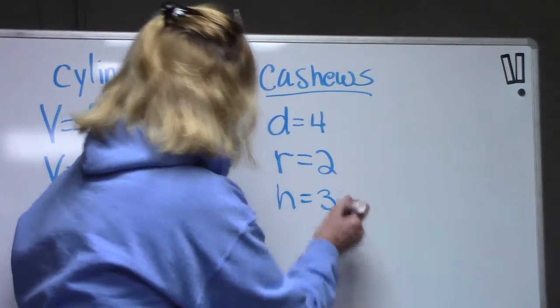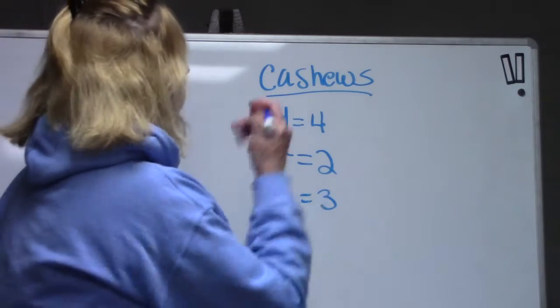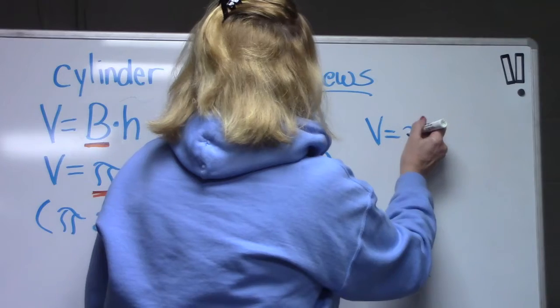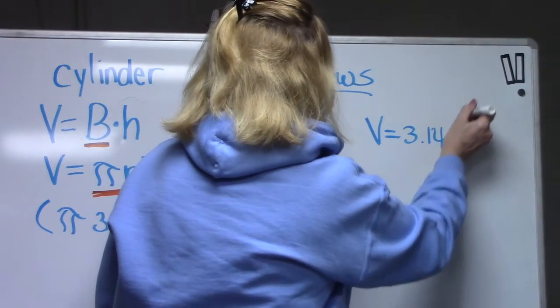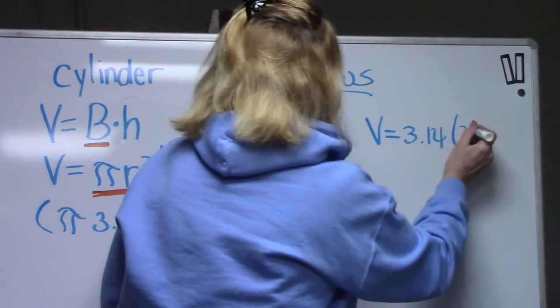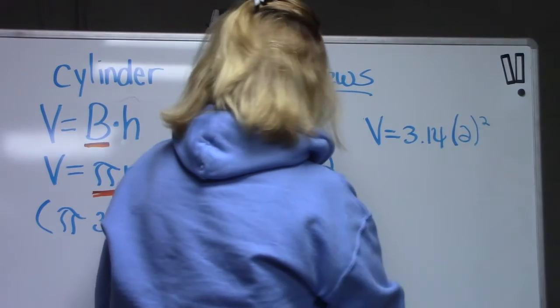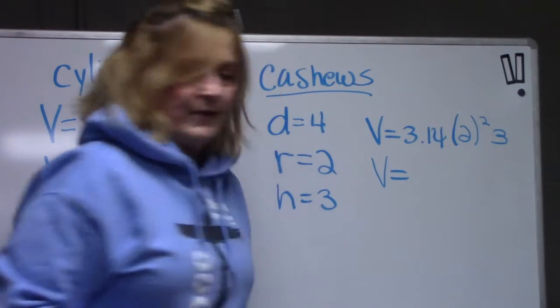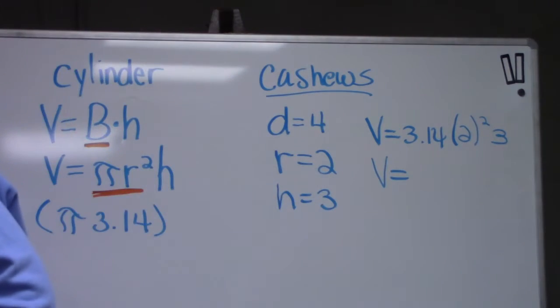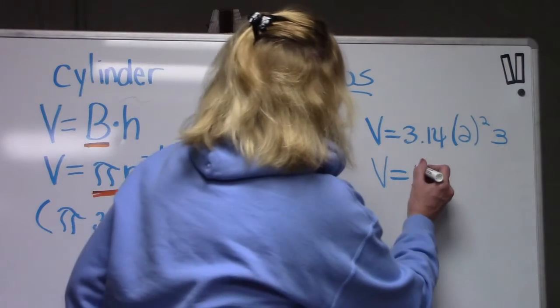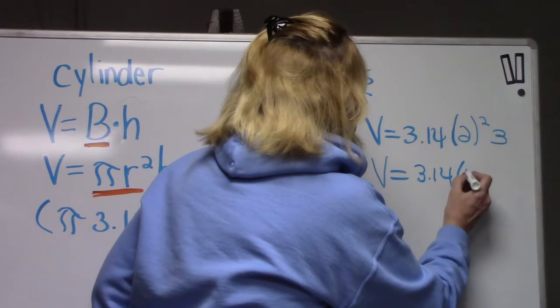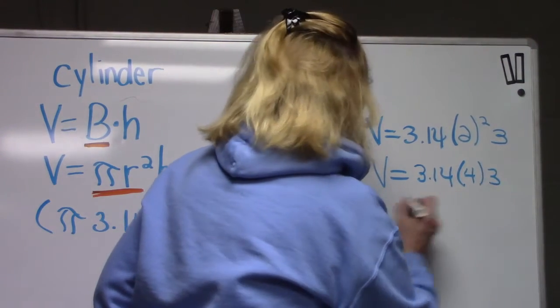My height is 3. So, I say my volume equals 3.14 times the radius, which is 2 squared, times the height, which is 3. You can punch that in your calculator and see what you get. If you have trouble doing multiple steps, you can break it down to 3.14 times 2 squared is 4, times 3.